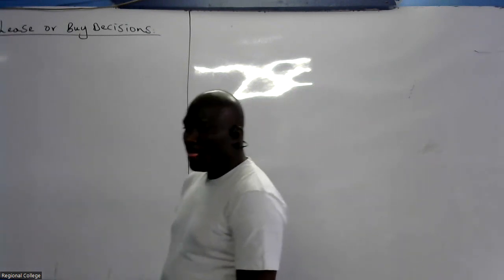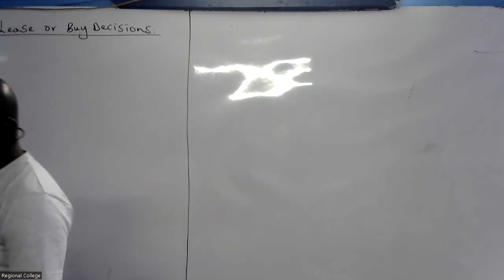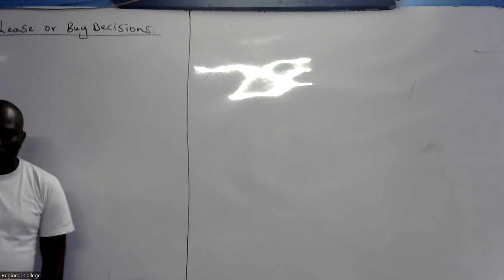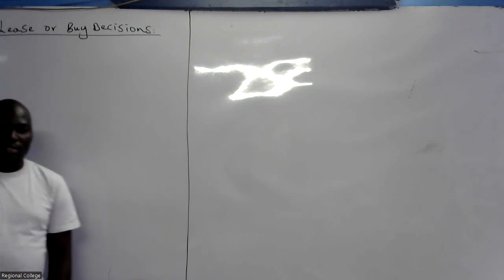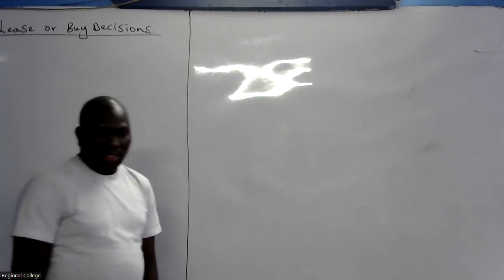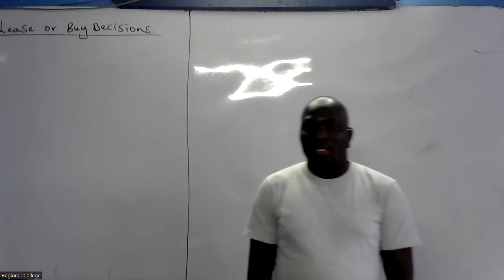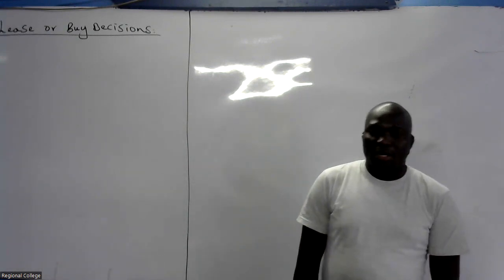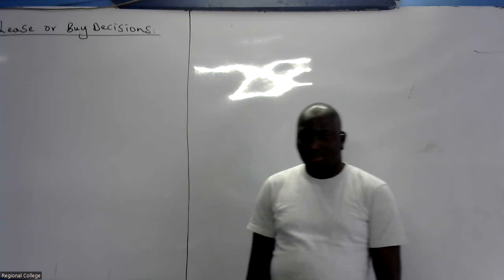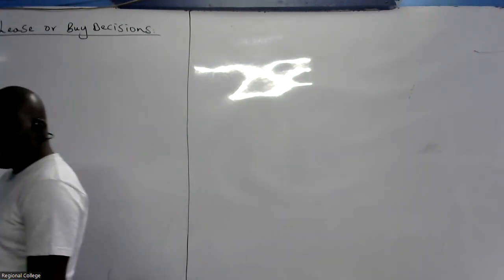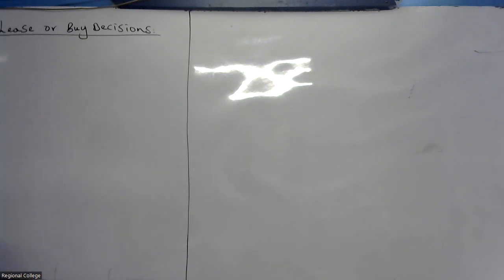The next point: borrowing to buy involves, number one, the purchase price of the asset as initial outlay.